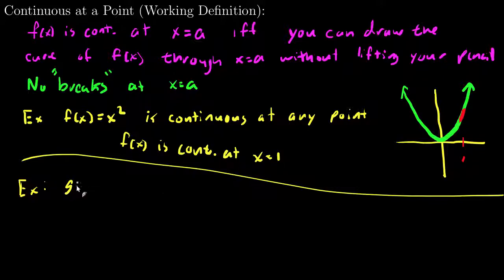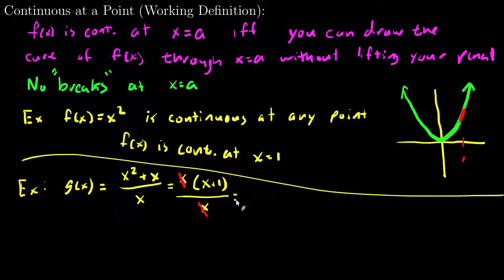Alright, what if I consider g of x equals x squared plus x all over x? Well, I know that I can reduce this down by factoring out an x and being left with x plus 1 all over x, and I can cancel these x's out, but I have to keep in mind that in this original problem, x cannot equal 0 because that would make this division undefined.